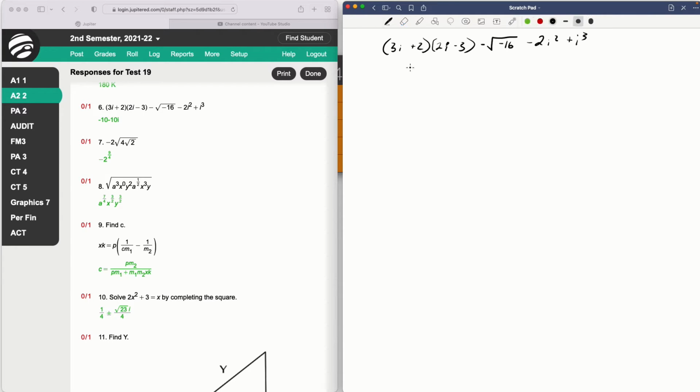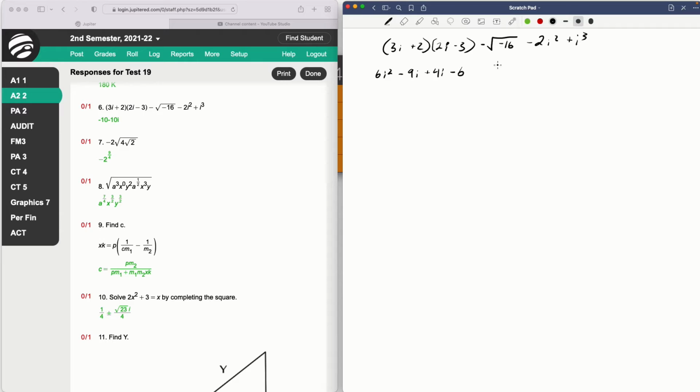It's kind of silly. 3i times 2i, 6i squared. 3i times negative 3, negative 9i. 2 times 2i plus 4i. 2 times negative 3 is minus 6. So that's done, right?